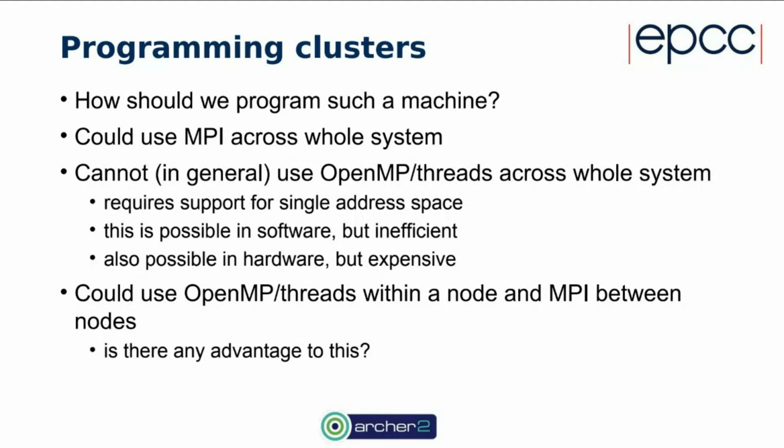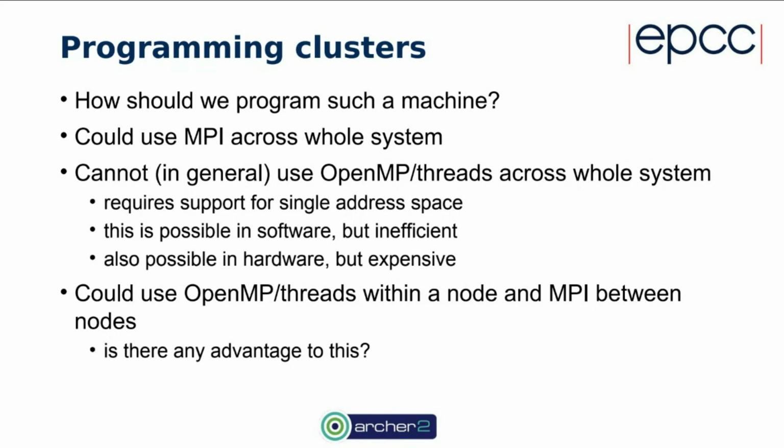It's not completely impossible. It's doable in software, so you can basically have a special operating system that implements a single address space across multiple nodes, but it's really inefficient. It's also possible to do it in hardware, but it's very expensive. So these systems were more popular in the past.